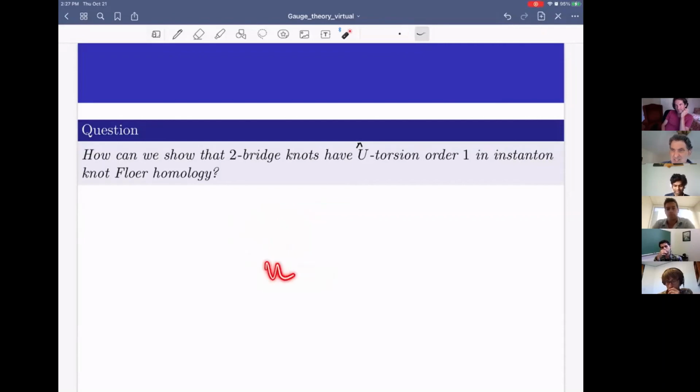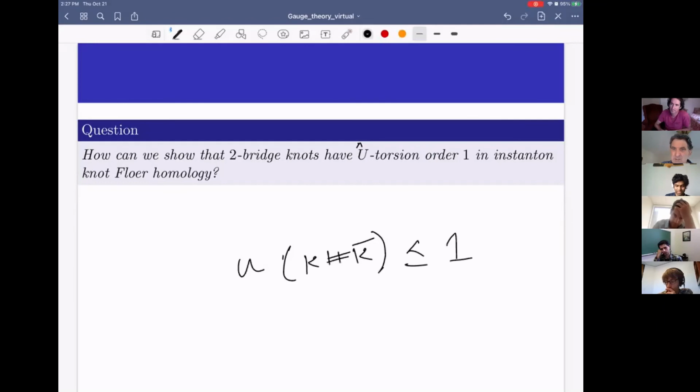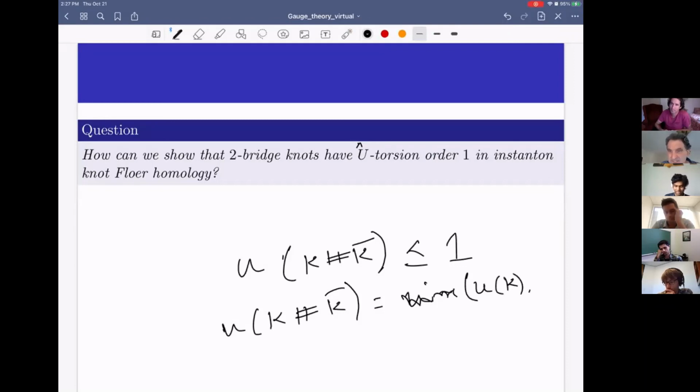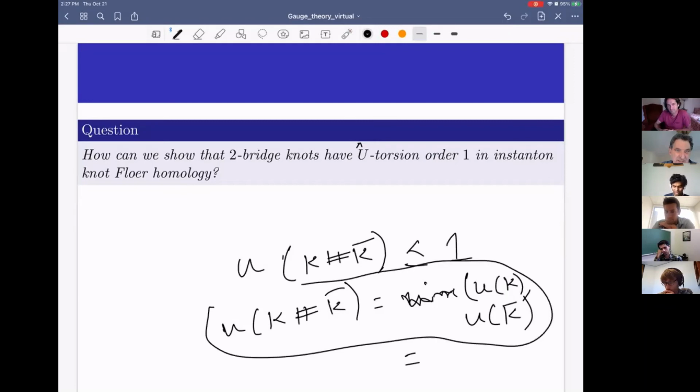So the U torsion order for K connected sum K bar will be at most 1. And if you can prove the connected sum formula, then that would say that the U torsion order for K connected sum K bar is the same as the U torsion order of K and K bar, but they have the same U torsion order. So that's how you can basically prove that. This one would follow from the connected sum formula.